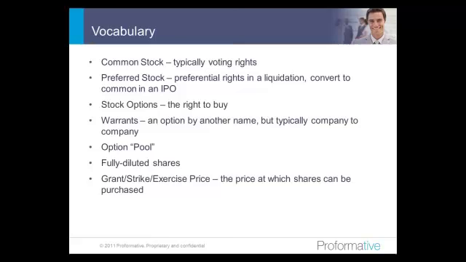Grant price, strike price, exercise price. These are just different names for the price at which stock options can be purchased by the optionee. We'll take a look at this when we run through the cap table, but stock options are granted with what we'll call a grant price here.